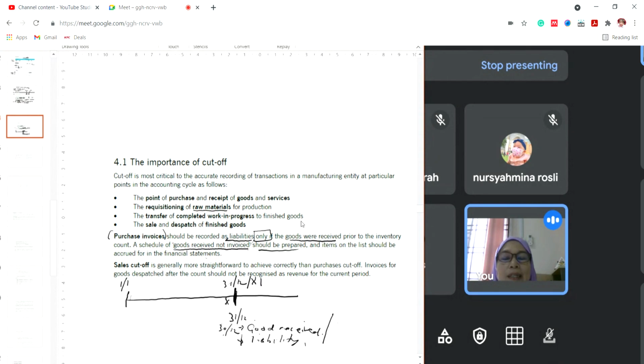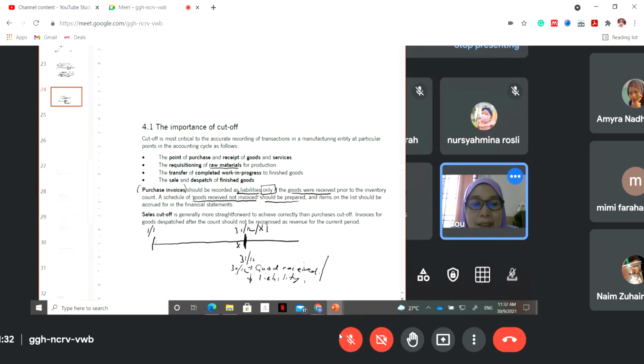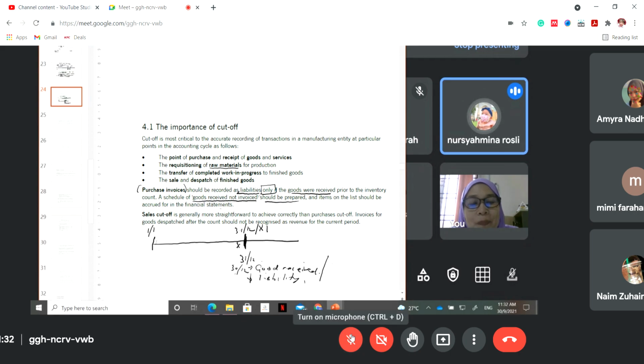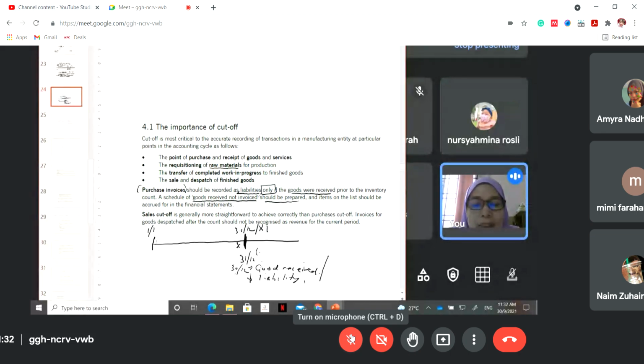Okay, are you clear, class? Clear or not? On how to recognize the liability. Maksudnya, madam, dia recognize as liability sebab dia dapat barang tu sebelum dia kira, sebelum 31/12 tu kita kira count stock kat sini, inventory count.